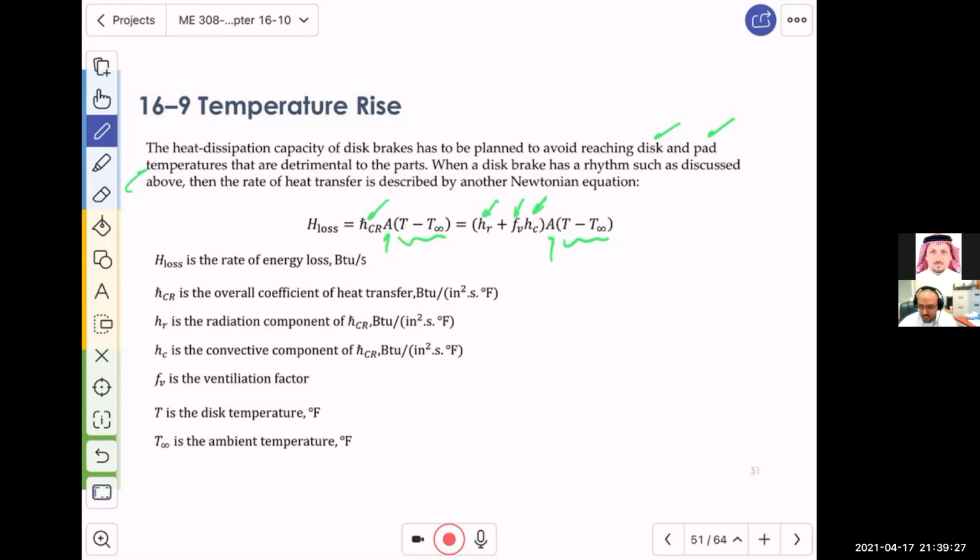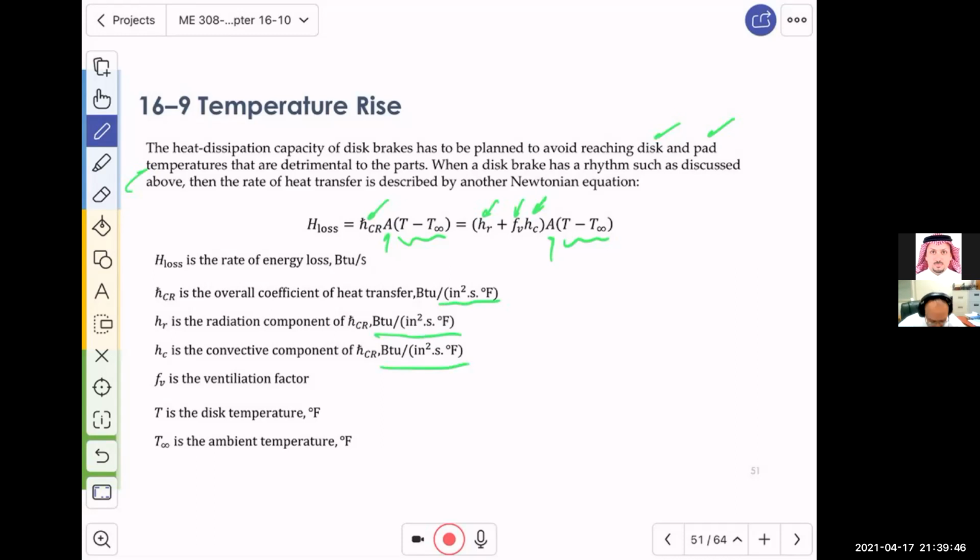So we have HR. What is HR? This is a new one. HR is the radiation component of HCR. It is a radiative energy transfer constant, so it has the same unit. All of them have the same unit.